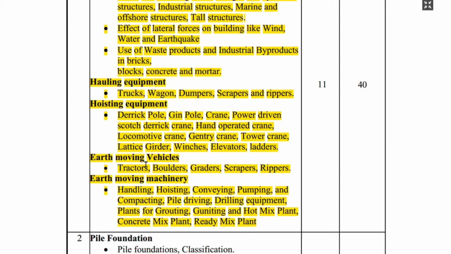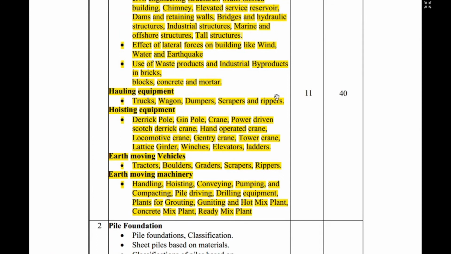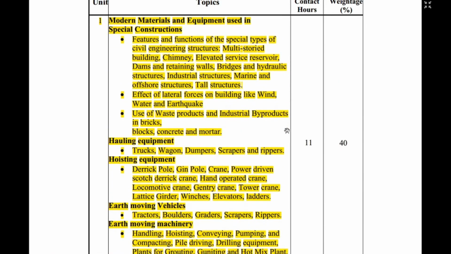Sometimes in the monsoon season we require pumps to remove the water that is stored in our basement due to the rain. We need to remove it from our construction site or construction area, that we will see in detail. So this is the portion that we will cover in Unit 1.